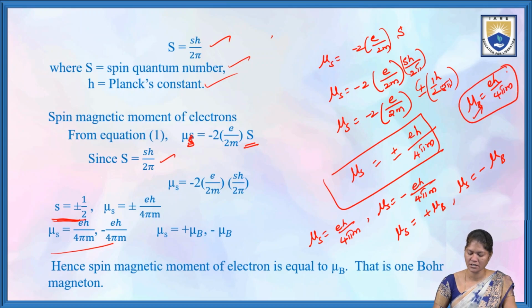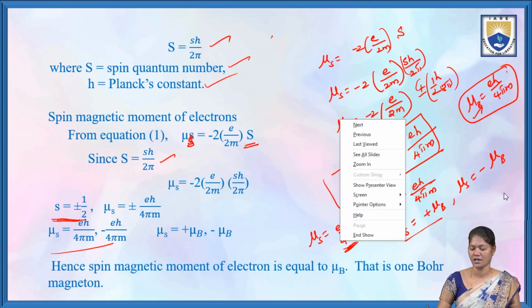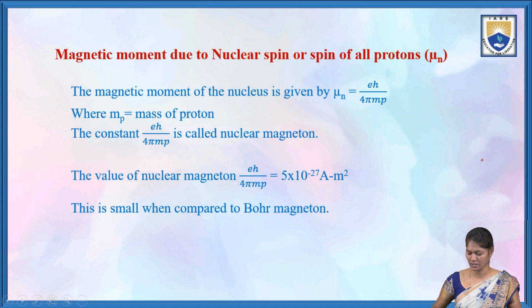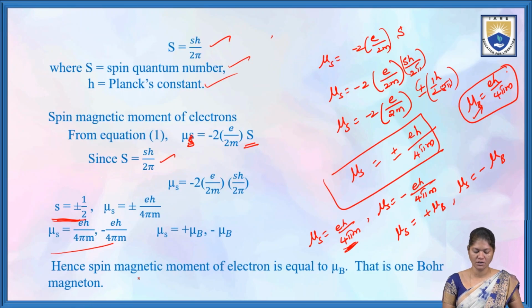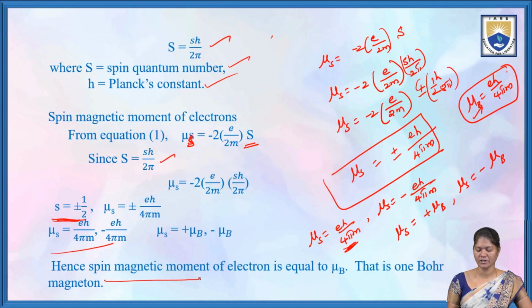So substituting, mu s is equal to plus mu b, and mu s is equal to minus mu b. So the spin magnetic moment of the electron is equal to the Bohr magneton mu b.